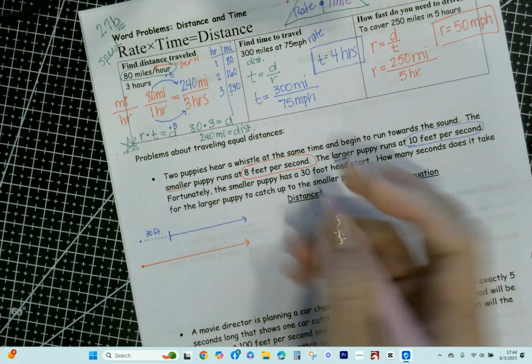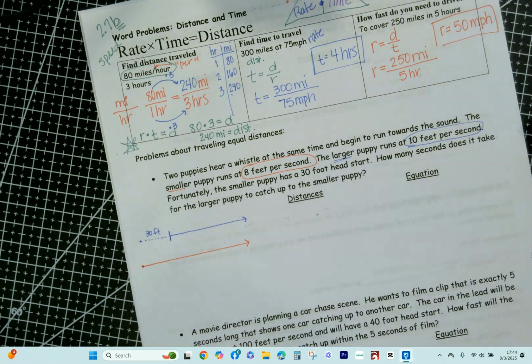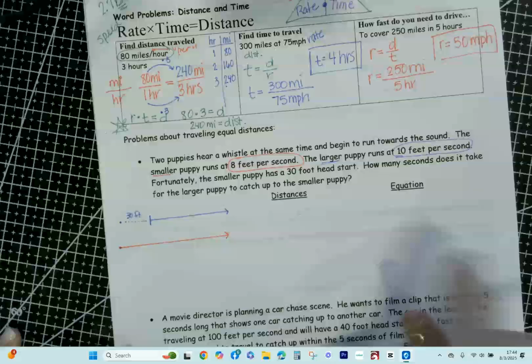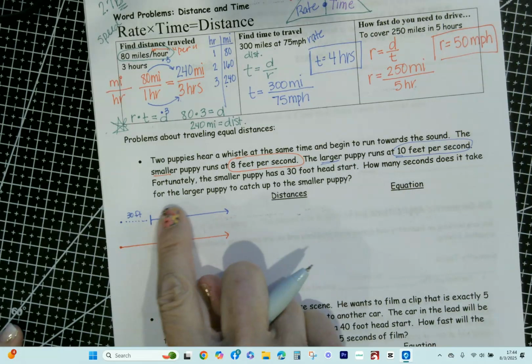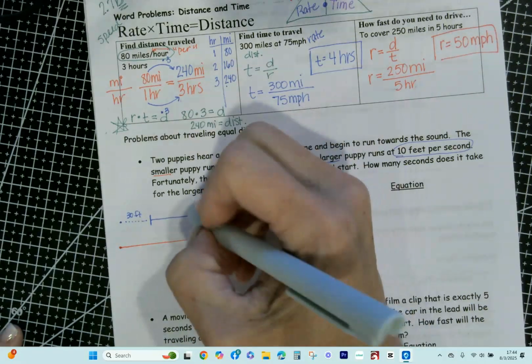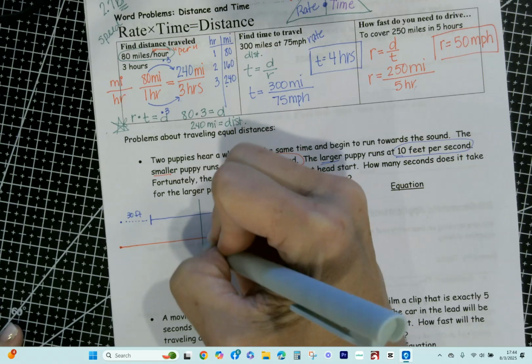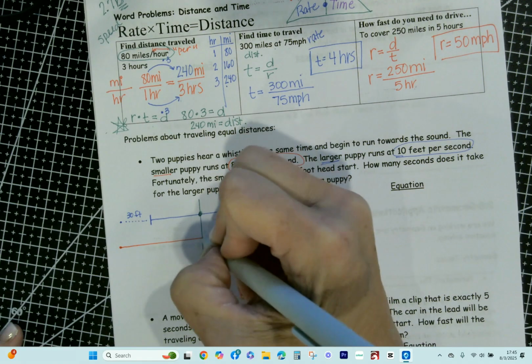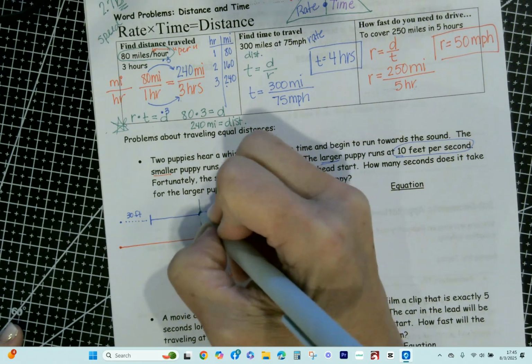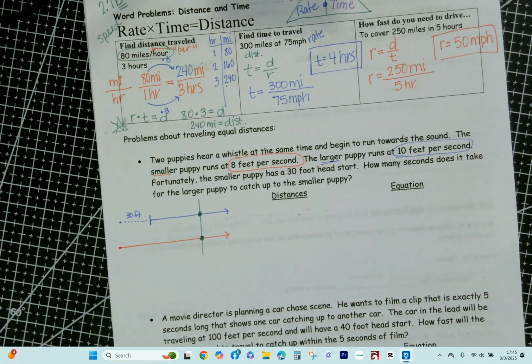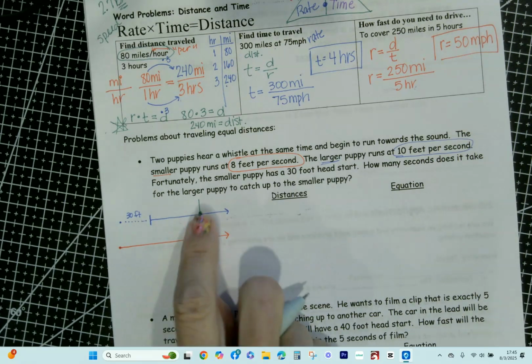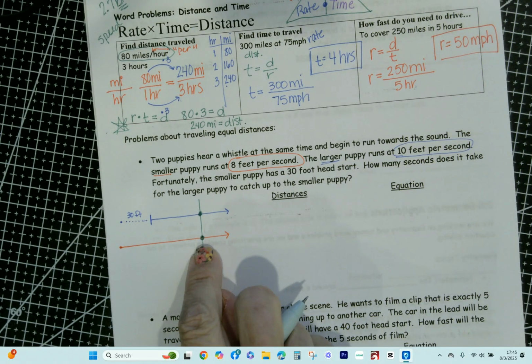So this is my larger puppy, this is my smaller puppy. What we want to know is how many seconds it takes for the larger puppy to catch up to the smaller puppy. So basically I want to know, when do both puppies reach the same exact spot? So when does that happen?